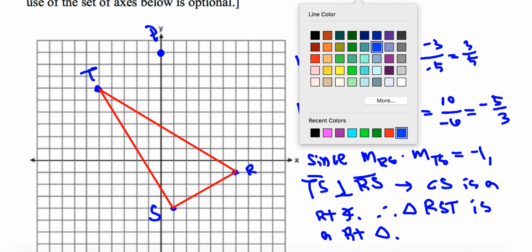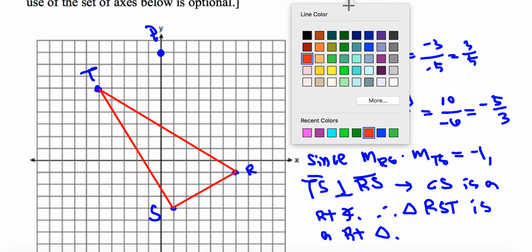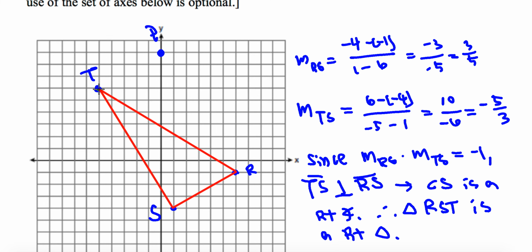So then, when I connect that one, now the green one with the red one should become a rectangle. How am I going to show that? Since I already proved that this one is a right angle over here, the only thing I have to do is show that this one is in fact a parallelogram. I already found the two slopes here and here, so I'm just going to find the slopes for the other two, TP and RP.